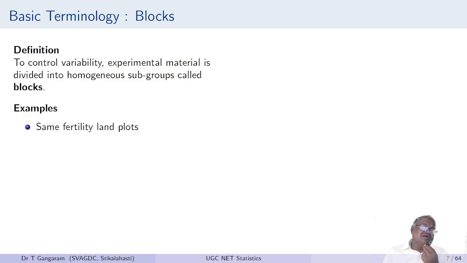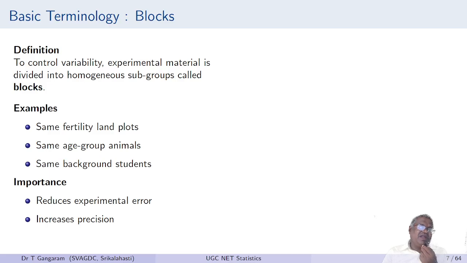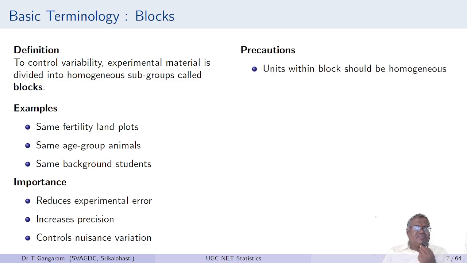Within the blocks, there must be homogeneity, and between the blocks, there must be heterogeneity. Same fertility land plots, same age group of animals, same background of students are examples. It reduces experimental error and increases precision. Blocking increases precision. It controls nuisance variations.